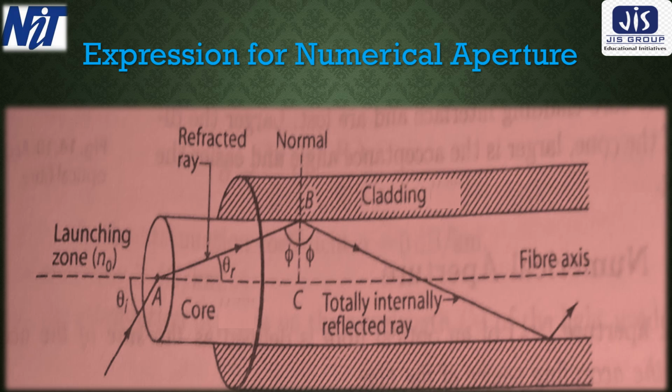So for propagation of the light from the transmission end to the receiver end, it is very much essential that it should suffer the total internal reflection and pass through the core medium without any distortion, without any attenuation, to the receiver end.